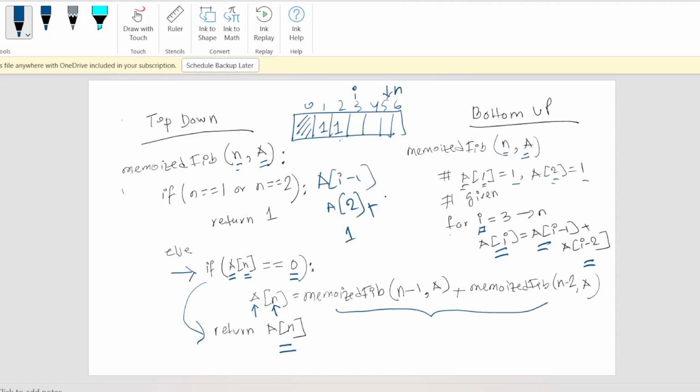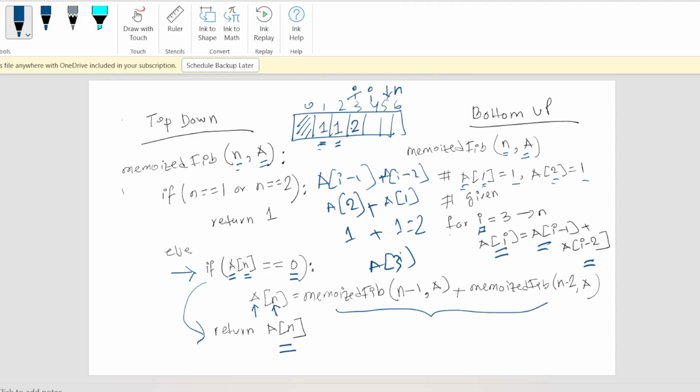And we add AI minus 2, which is A1. And the value of A1 is also 1. Add them up, we get 2, and we save it in AI, which is A3. So we save 2 over here, and this is basically the summation of the previous 2 terms.